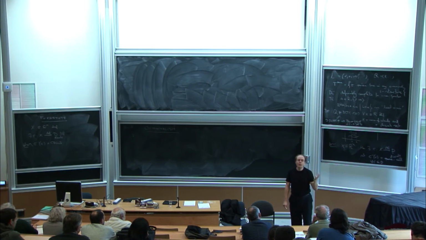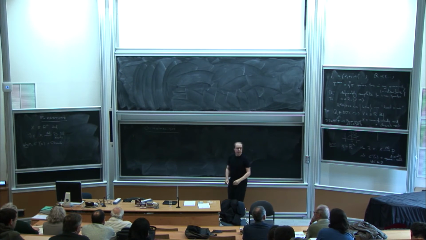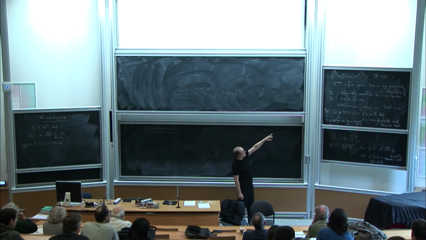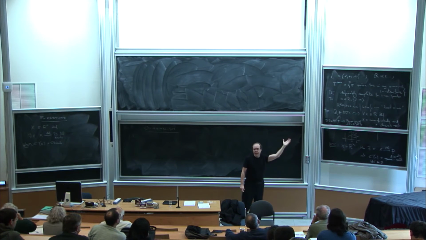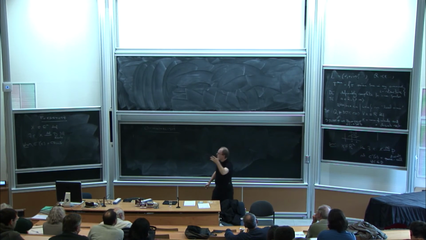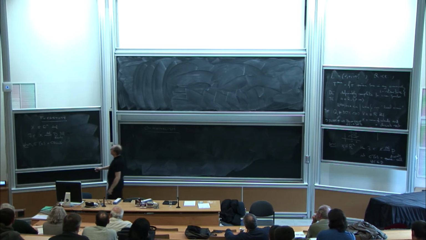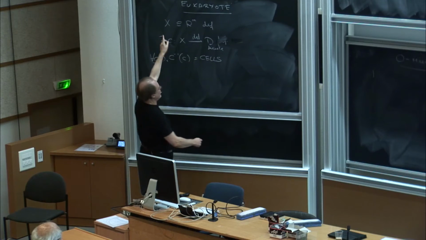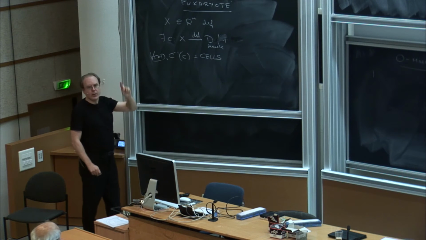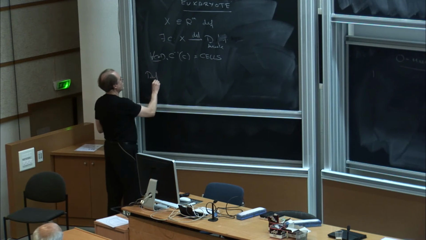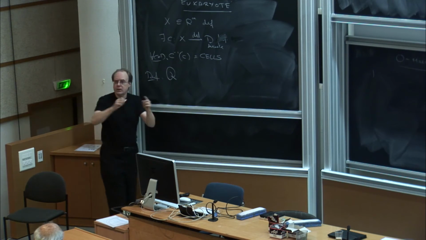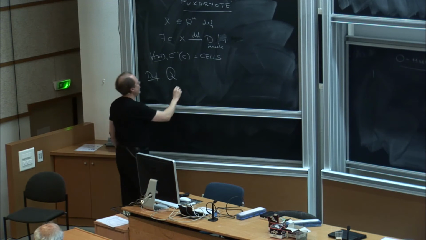So I'm hoping that's a good sign that it might actually be true, that o-minimalism, the theory of o-minimality at least, implies eukaryote. So what good evidence do we have for eukaryote? Sorry, I should have made one more definition. I call a structure eukaryote if all its definable subsets are eukaryote.